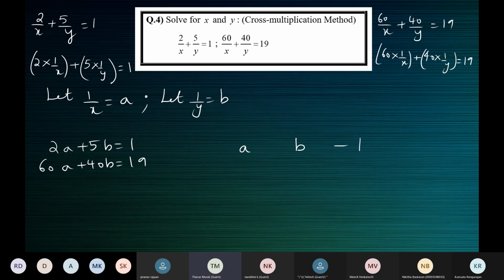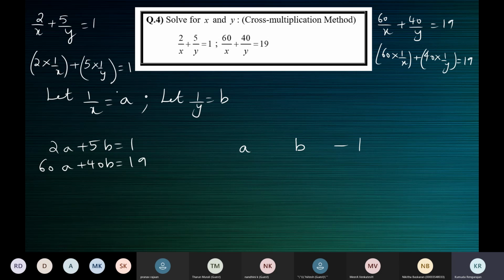Ma'am, is this correct? Tell me, a by 55 is equal to b by 22 is equal to minus 1 by minus 220. You're telling me the numbers in the columns, is it? Yes.